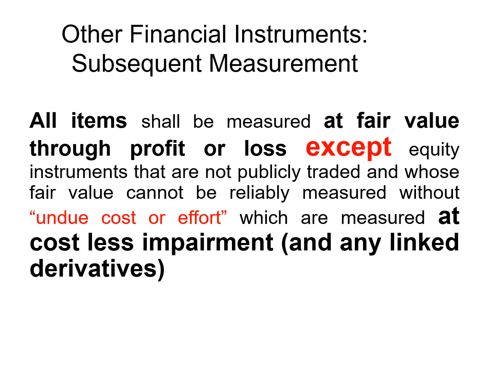In addressing subsequent measurement, it says all items shall be measured at fair value through profit or loss, except equity instruments that are not publicly traded and whose fair value cannot be reliably measured without undue cost or effort, which are then measured at cost less any impairment. Same principles as we have with the basic financial instruments with respect to measurement.